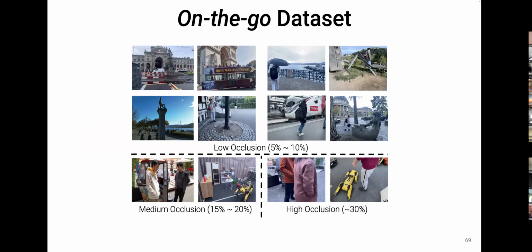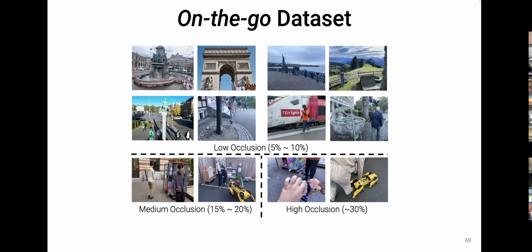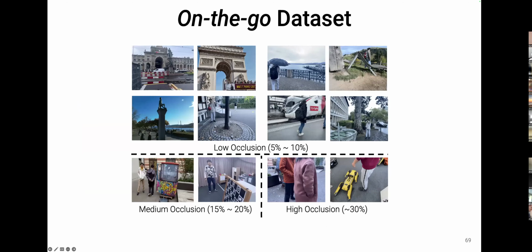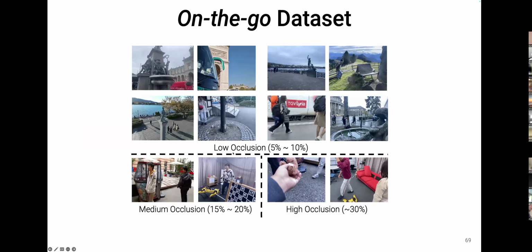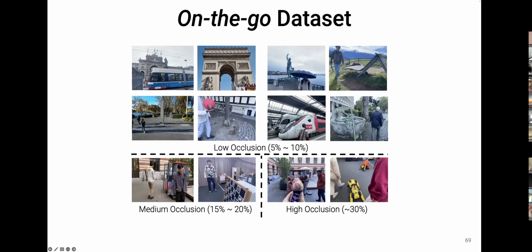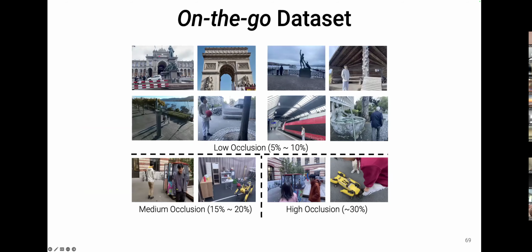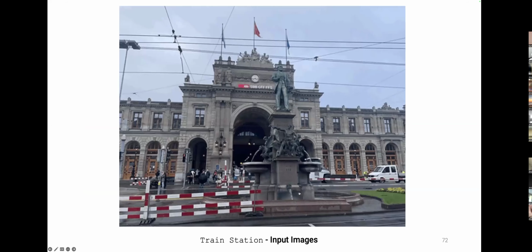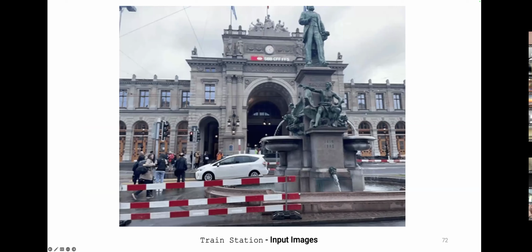First, we captured a dataset called the On-the-go dataset. We have coverage from low occlusion to medium to high. The high one is actually not very realistic, because it tries to cover everything with all sorts of weird things. For example, in this case, it's the train station in Zurich.